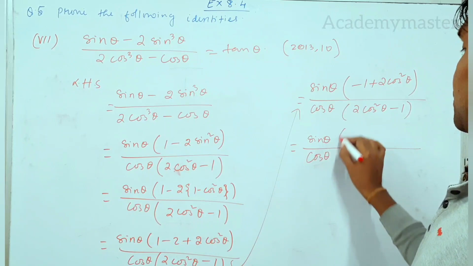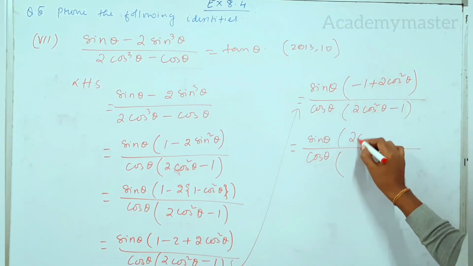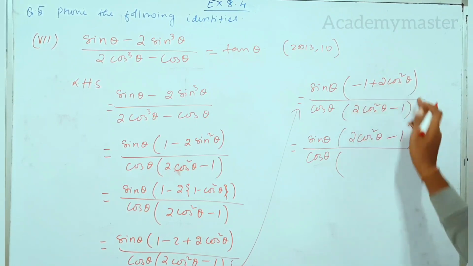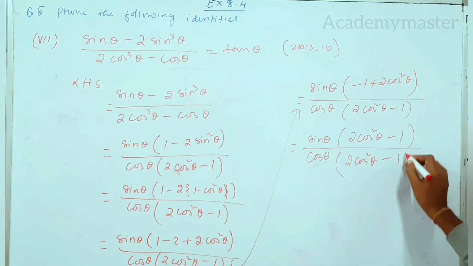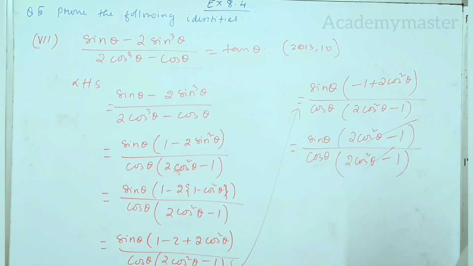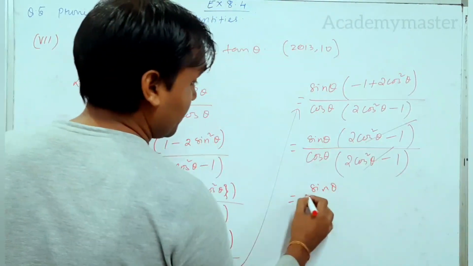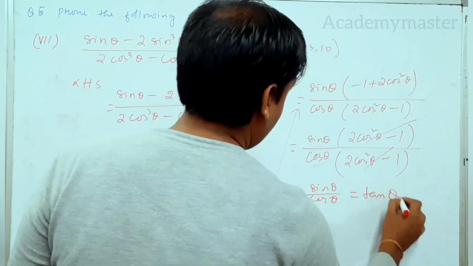So my dear students, you should learn it properly. So 2 cos square theta minus 1, I have brought the minus to this side. So this one and this one can be cancelled. So you will get sin theta by cos theta, which is equal to tan theta.